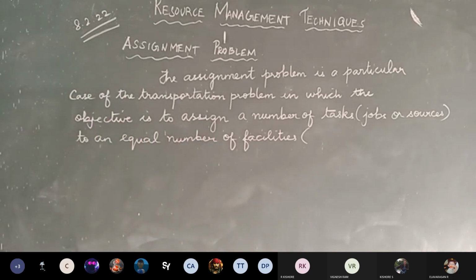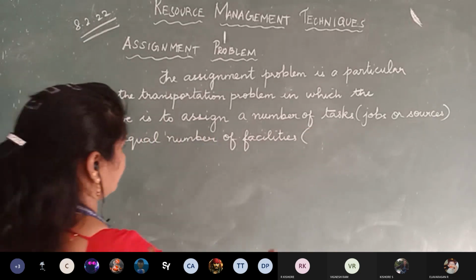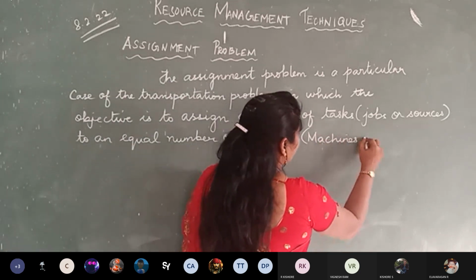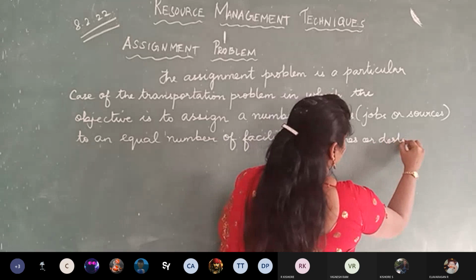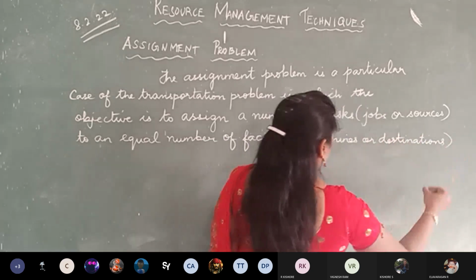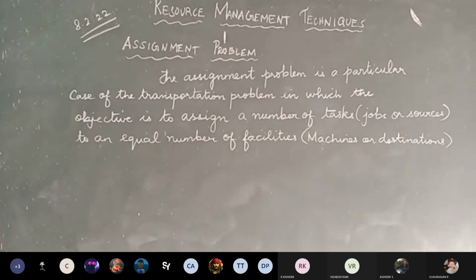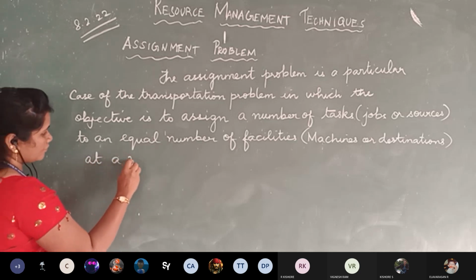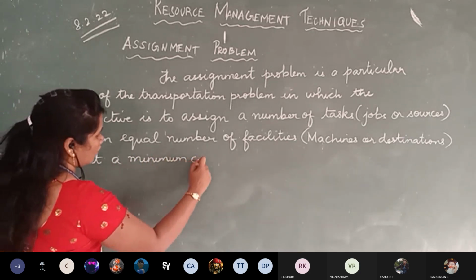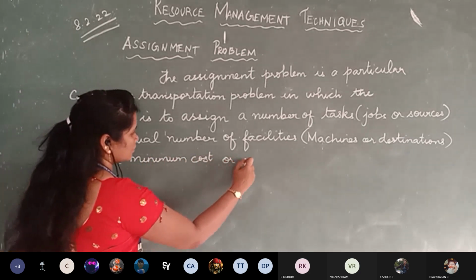Facilities can be machines or destinations. Equal number of facilities at a minimum cost or a maximum cost.